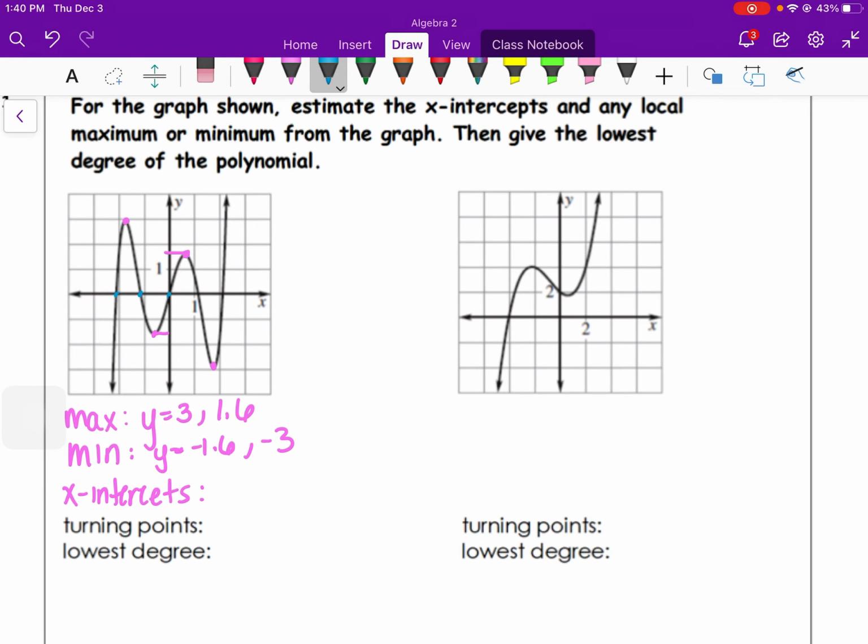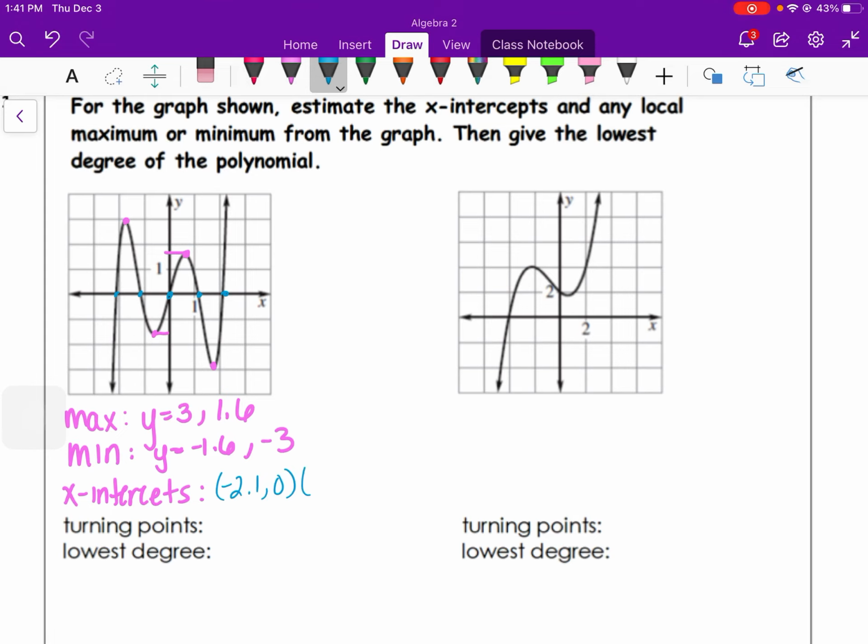So we have 1, 2, 3, 4, 5 x-intercepts. And x-intercepts can be written as x equals or typically as an ordered pair because it's an xy coordinate. So the first x-intercept looks like it's about negative 2.1 and then 0.